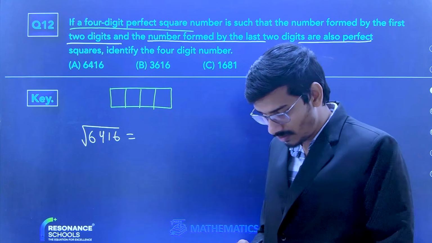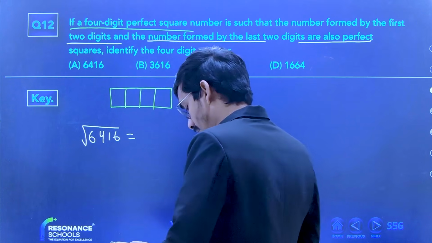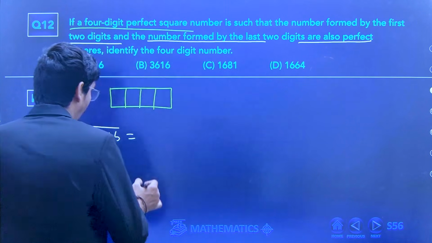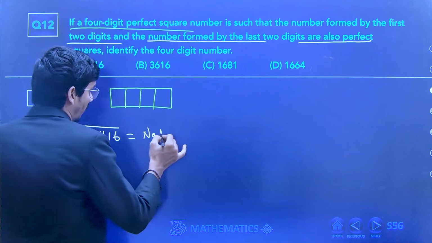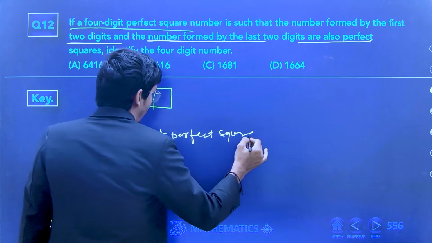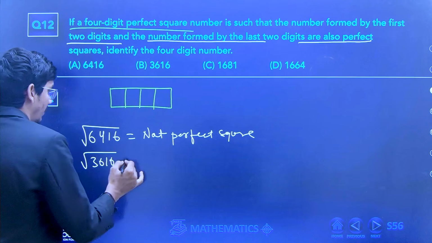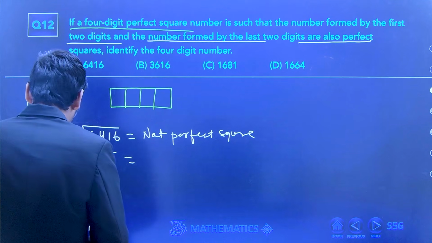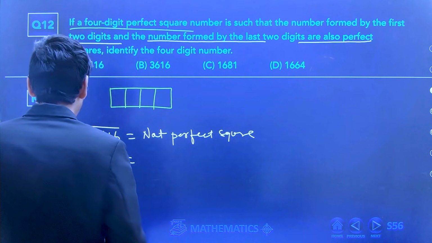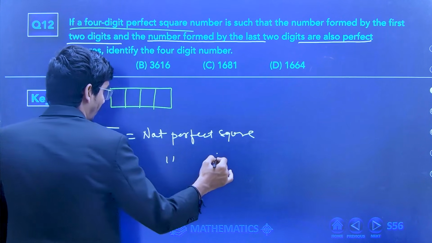So this is not a perfect square. Next, beta, 3616. When you find the square root of 3616, it's also not a perfect square.